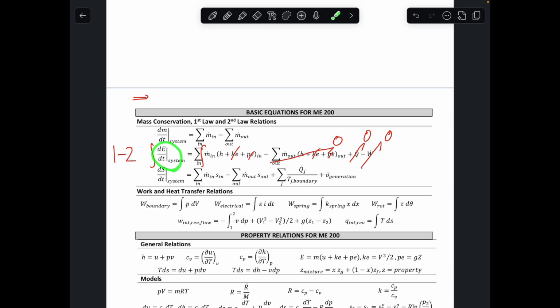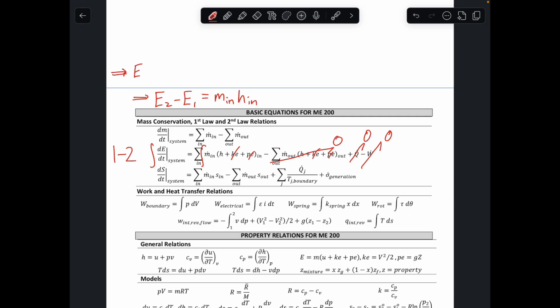When we integrate this time derivative, we get a delta. So I'll say E2 minus E1, and that's going to be equal to m in, the total mass into the system, right? The dot will go away for the m dot, times h at the inlet. And remember here we are neglecting any changes in kinetic and potential energy.